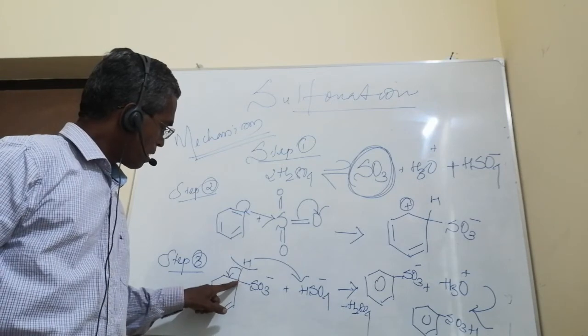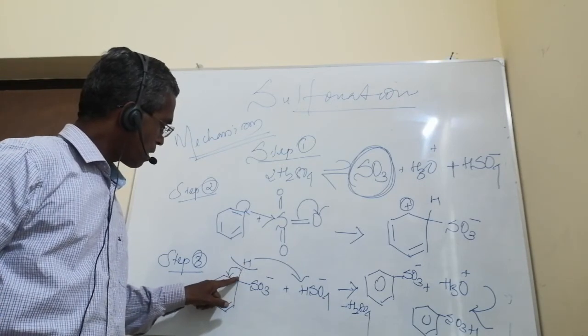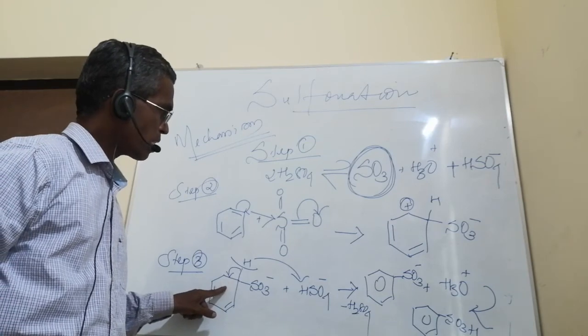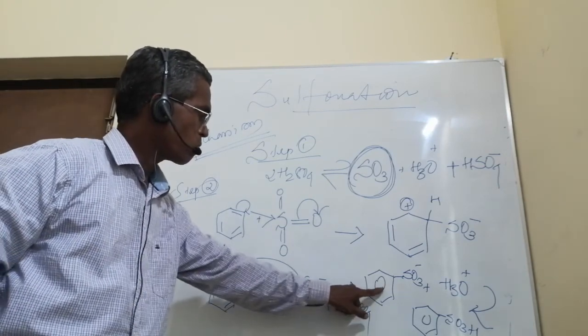Leaving this bonding electron, the C-H bonding electron remains here. This will come immediately into the circulation, that is delocalization. As a result, this will be converted into pure benzene ring.